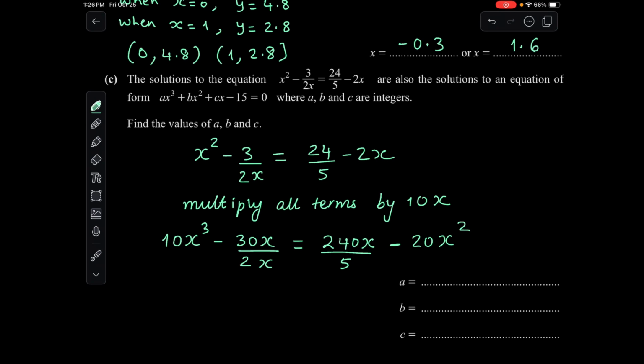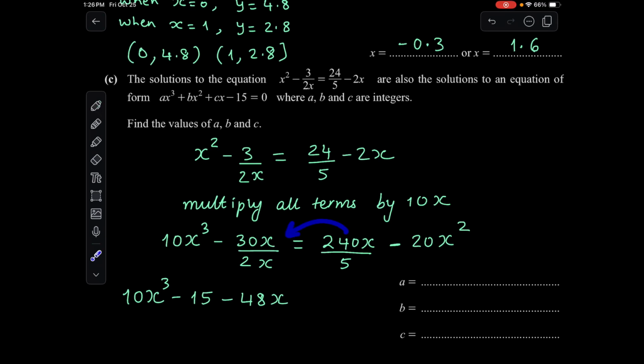So now simplify this further. So you're going to have 10x cube minus 15. 240 divided by 5 gives me 48.